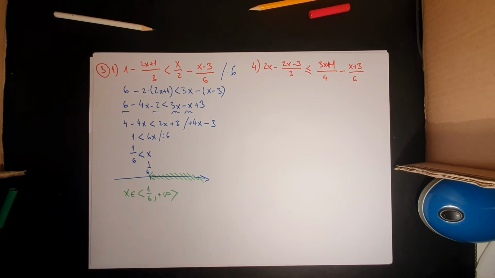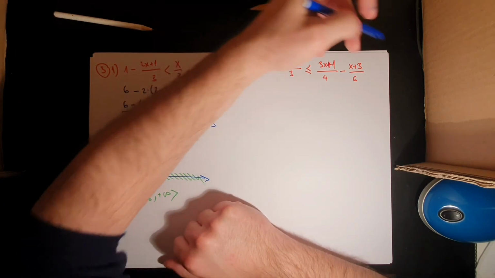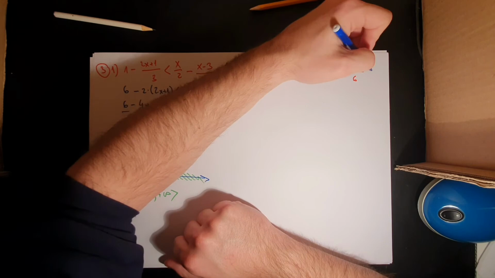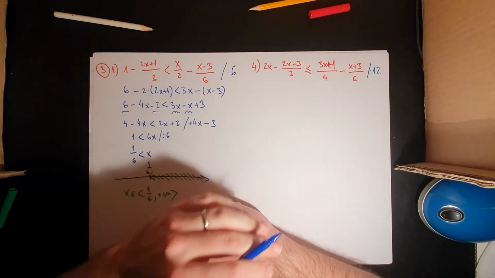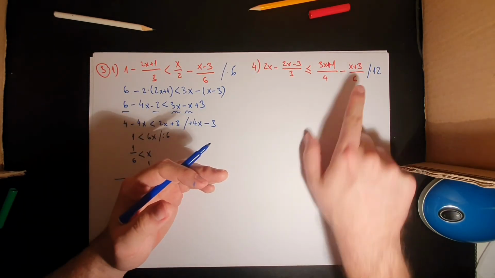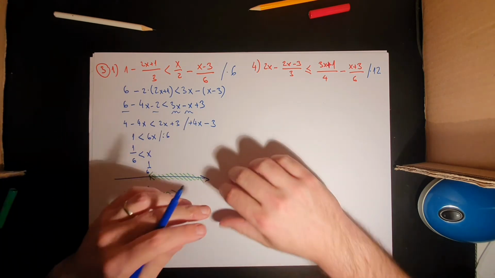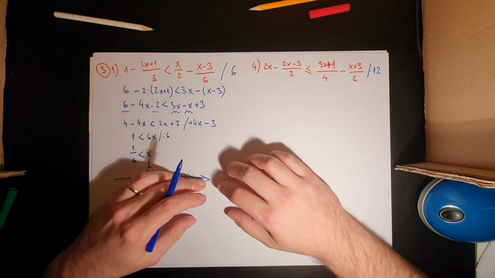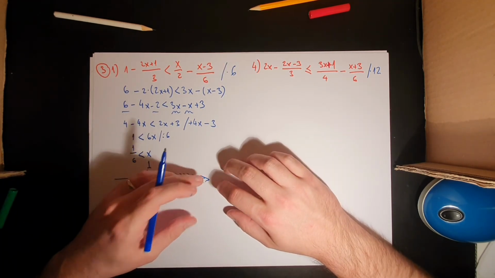So in this case, I'm going to multiply everything with 12, because 3, 4, and 6 divide the 12, and we're going to get the result hopefully this way too.